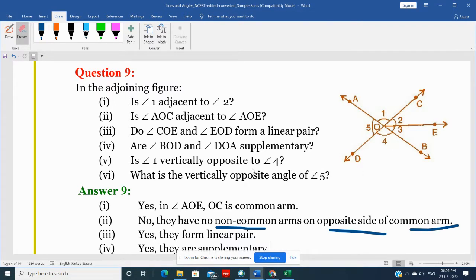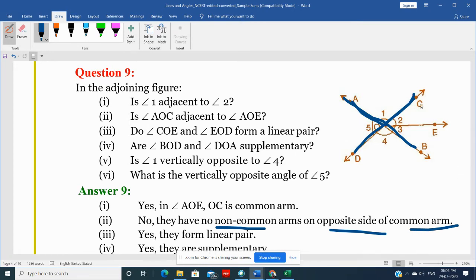Next one. Is angle 1 vertically opposite to angle 4? Let's check. Whenever you are finding vertically opposite angles, you just have to find the cross. See, this is making a cross and these lines are intersecting exactly at one point.